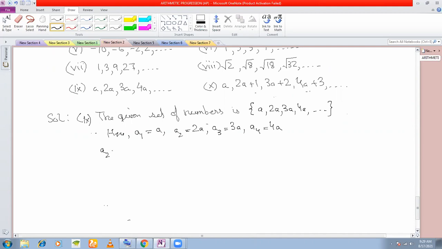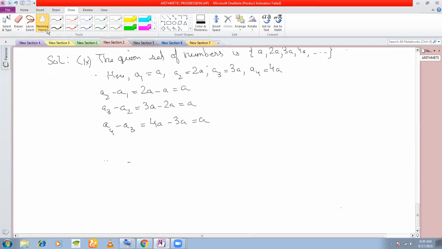Take the differences: A2 minus A1, 2A minus A, which is A; A3 minus A2, 3A minus 2A, which is equal to A; A4 minus A3, 4A minus 3A, which is equal to A.